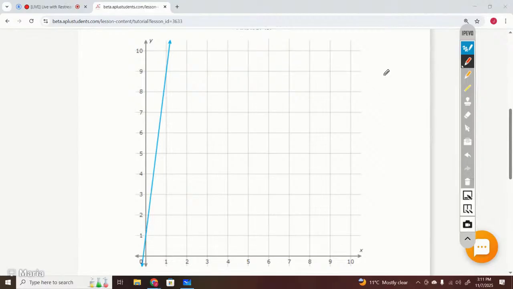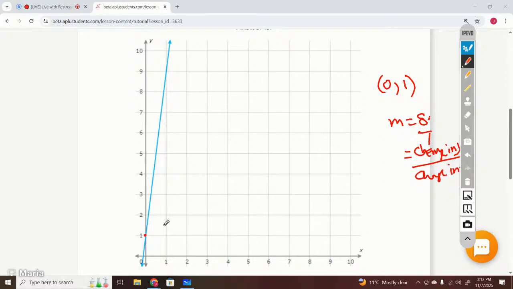Now we have the slope. We have the point 0, 1, and now look at the slope. The slope is change in y divided by change in x.